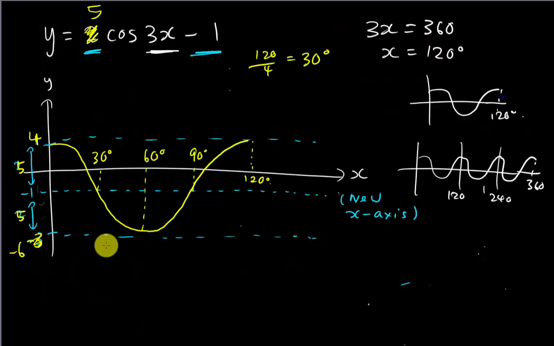The graph still looks like this, it won't change much. However, the angles themselves will change a lot. It depends on how many diagrams your exam question wants you to sketch. So this is the meaning of the value in front of cos, and of 3x, and of the last term, which I will call A, B, and C.